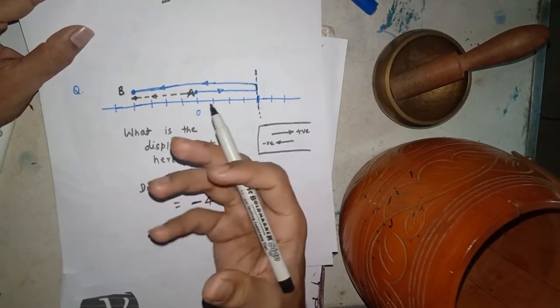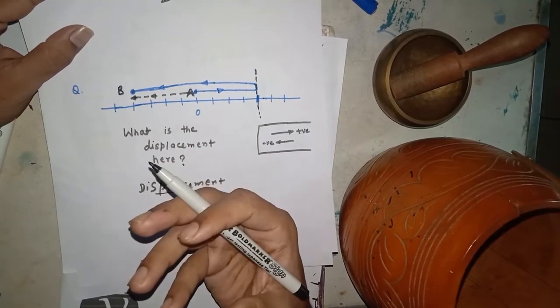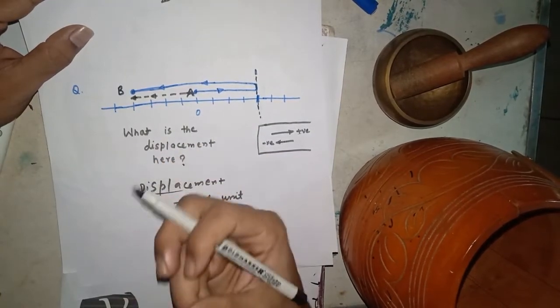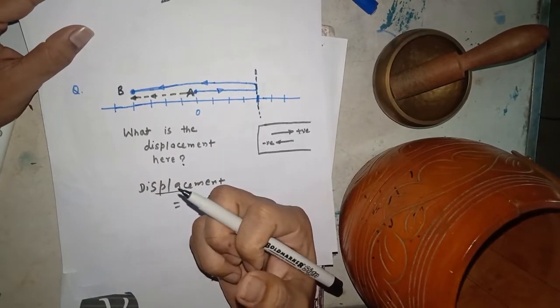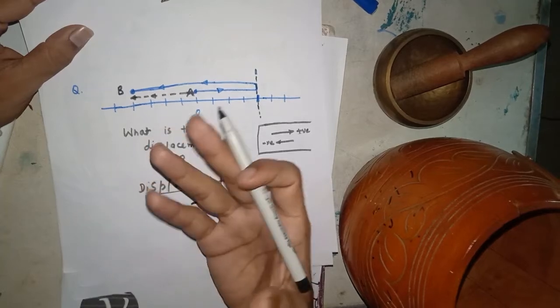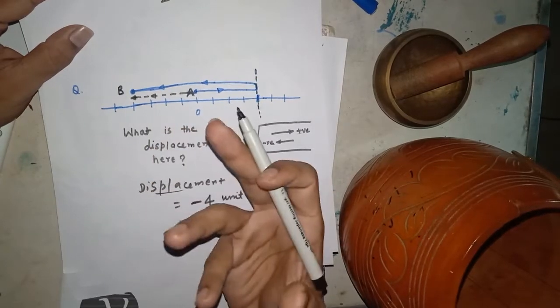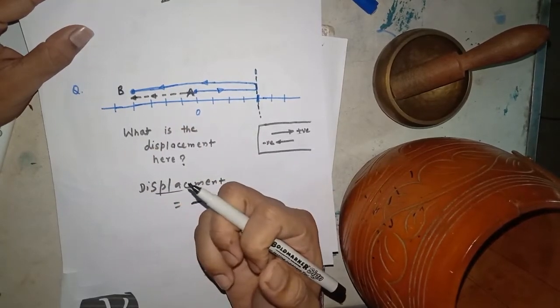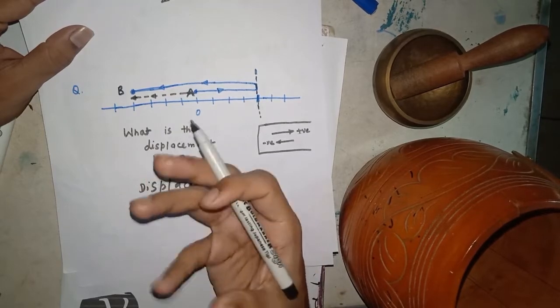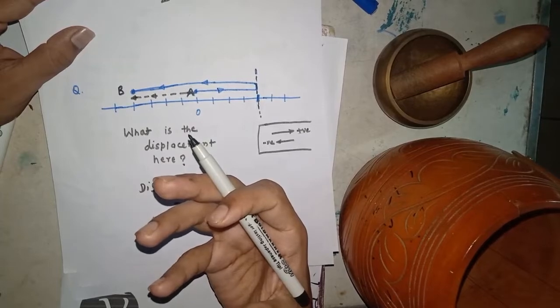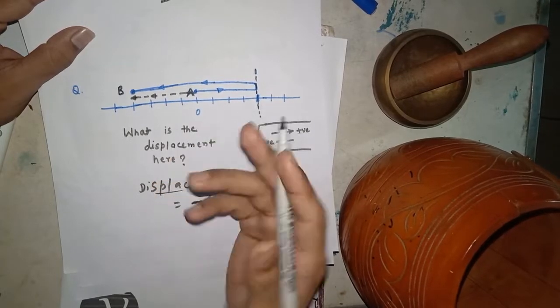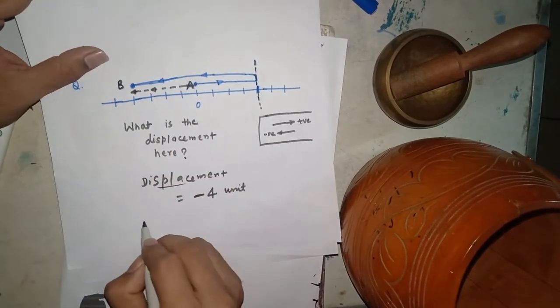Distance cannot be negative because it does not care about direction. So you go east, you go west, you go northeast, it doesn't matter at all. It only counts the path length. It only measures the total path length. Have you got my point? So here 12 units is the distance.